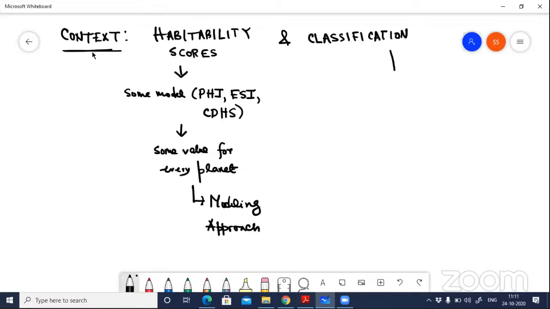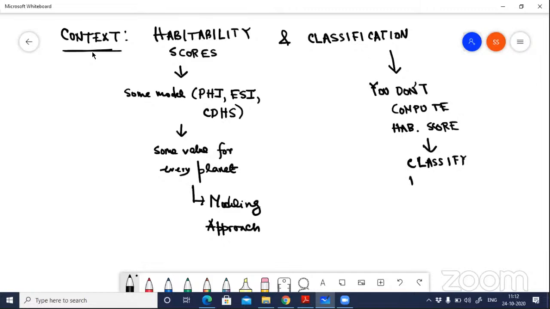And then there is this classification approach where you do not compute any habitability scores, but rather you try to classify new planets based on training data.